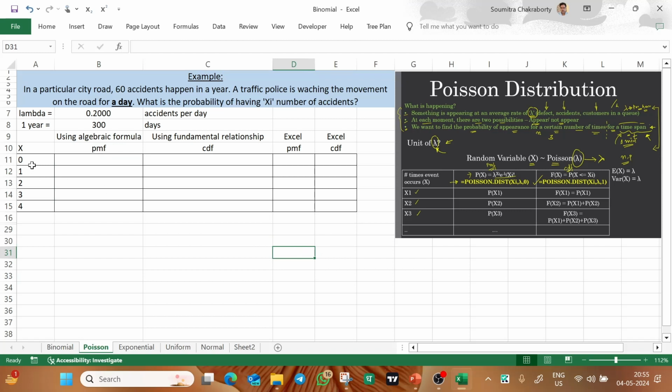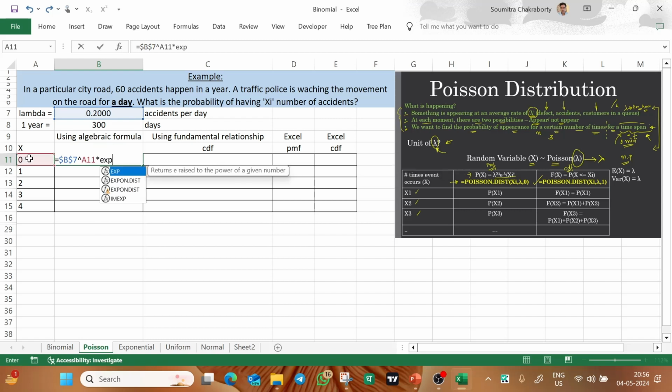And so then implement this 0, 1, 2, 3, 4 is the value of x. That means these are the xi values. So using algebraic formula of PMF, this one, Px is equal to lambda to the power x into exponential of minus lambda divided by factorial of x.